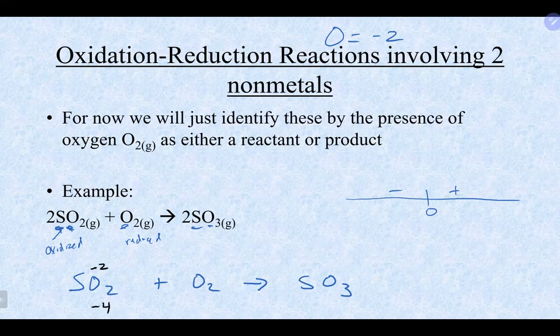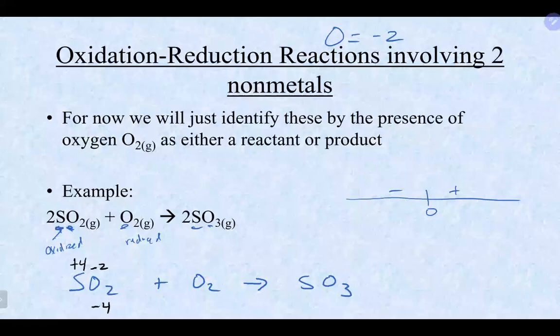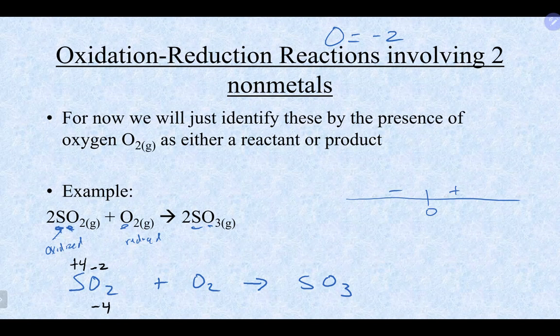To get us to 0, the sulfur in this particular case has a +4 oxidation state. Again, that's different than the -2 that we normally think about with sulfur in an ionic compound. Here it is +4 because it's sharing electrons with the oxygen, which is more electronegative. So it's going to make the sulfur more positive as those electrons are unequally shared, and it takes on a positive charge.